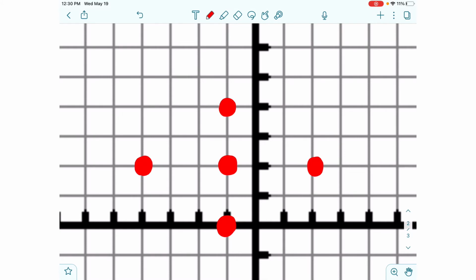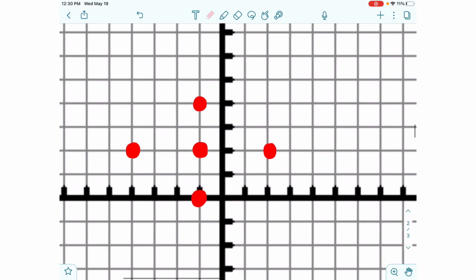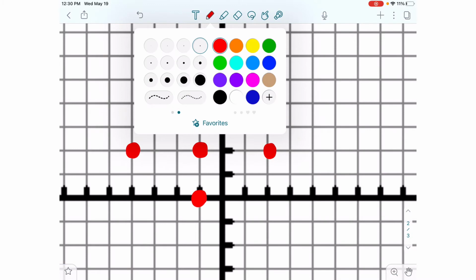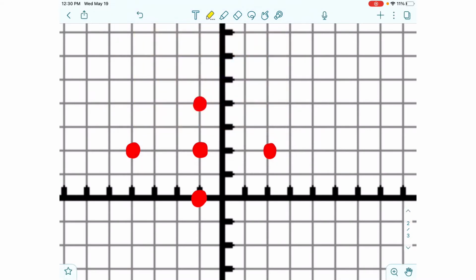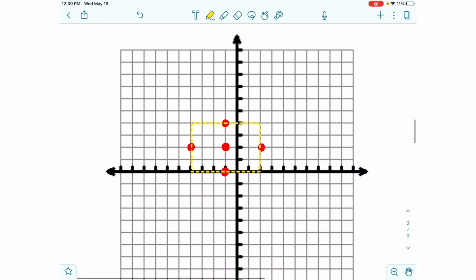Now, if this was an ellipse, I would draw my oval, but this is not an ellipse. Instead, and this is kind of weird, I'm going to make a box that contains all of these points. So instead of making an oval, I'm going to make a rectangle. That's what I meant by make the box. And then, again, strange, but this is what you do.